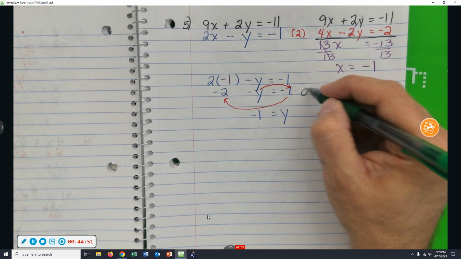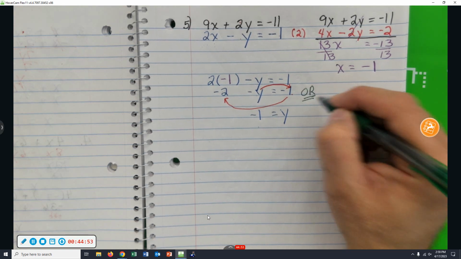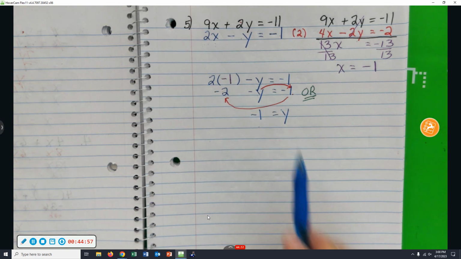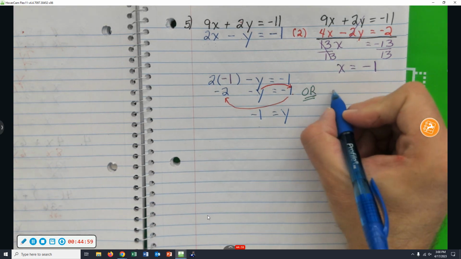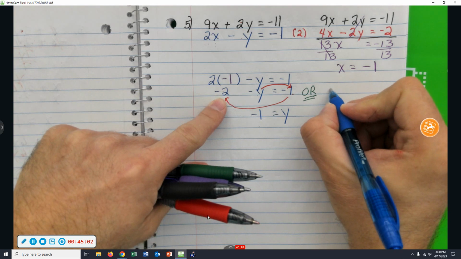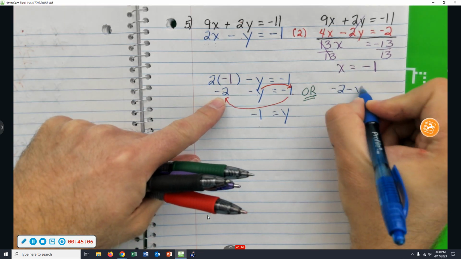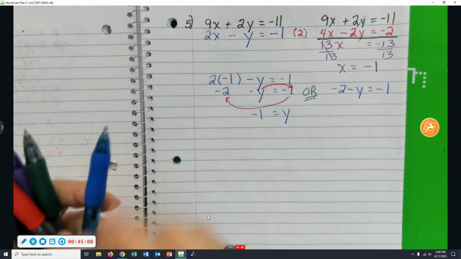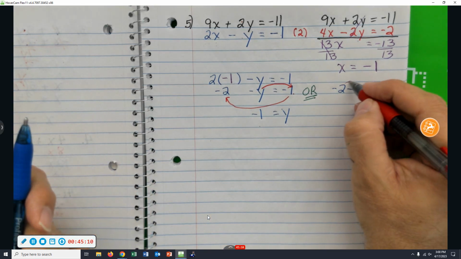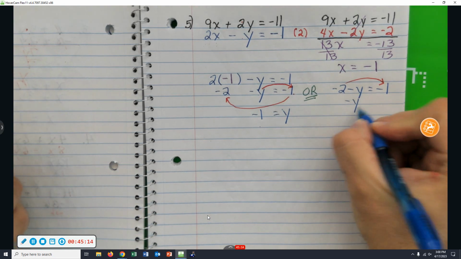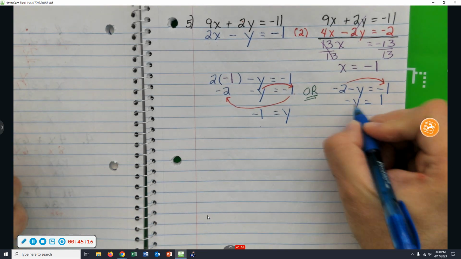That's why I was like, oh, I picked the wrong one. Now, I'm going to say or, because if you had done it like this, if you'd said, okay, let's move the negative 2 over by adding 2, you'd have negative y equals 1.